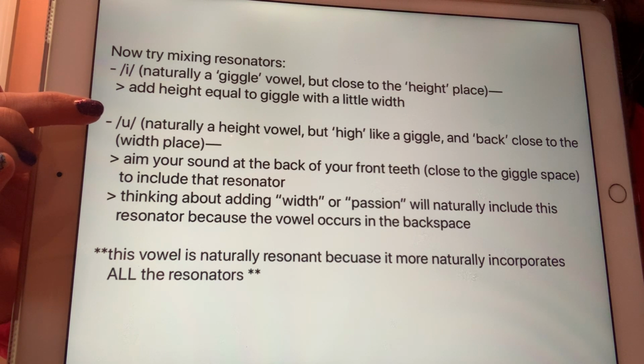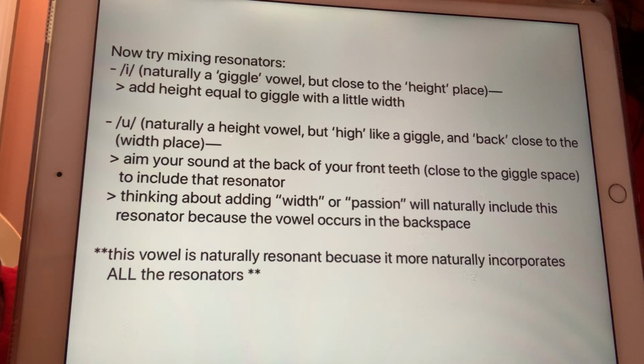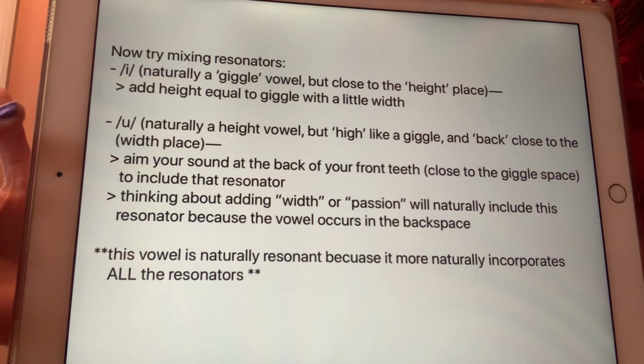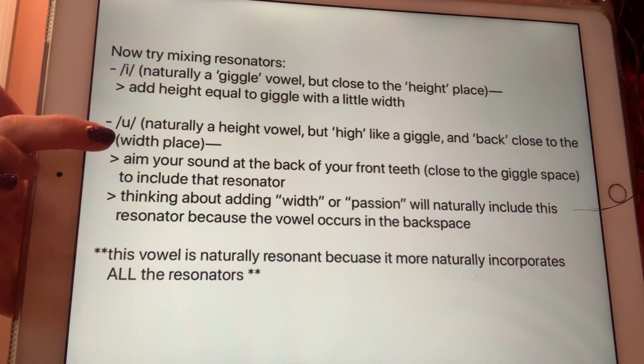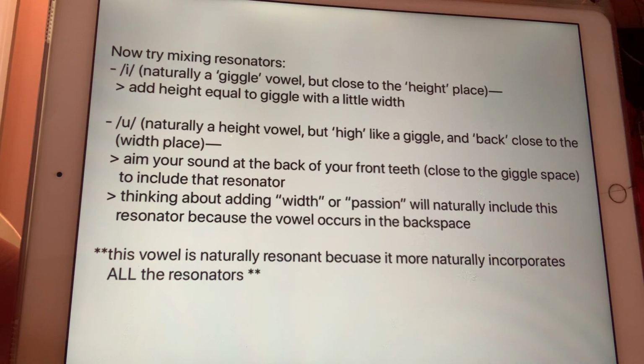Thinking about oo, it's naturally a height vowel, but it's high like a giggle, and it's a back vowel, so the production of it is fairly close to the passion or width resonator. So when we want to facilitate the other resonators in an oo vowel, we can think about aiming our sound at the back of our top front teeth, so that's close to the giggle space, right?